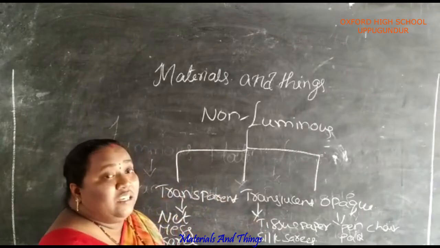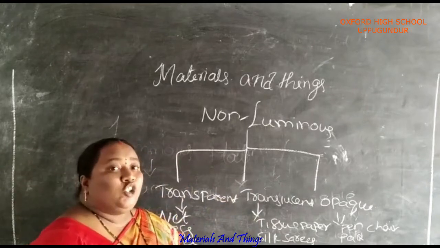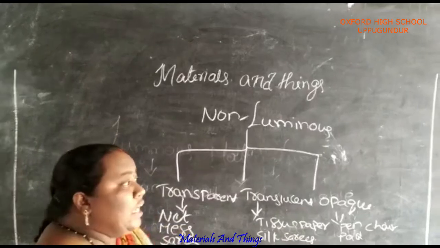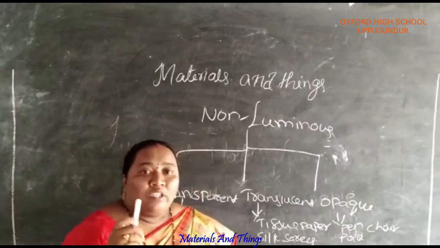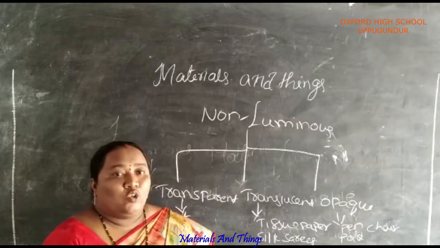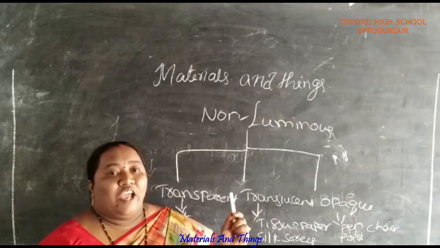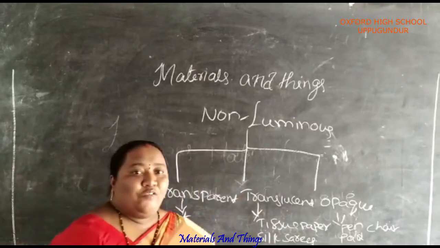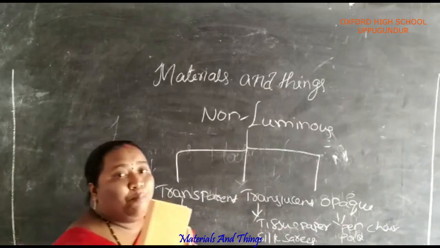If you take a duster or a chalk piece, it is made up of one or two or more materials. Suppose we take a chalk. Which material are we using in this chalk? We are using lime. In the same way, the duster is made up of plastic.